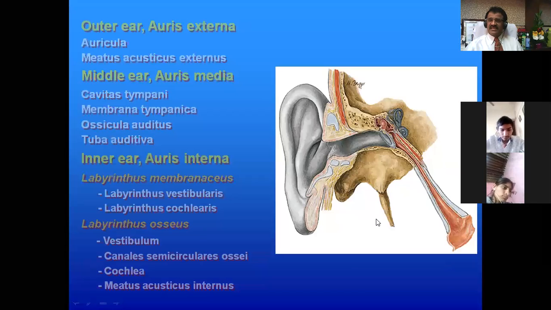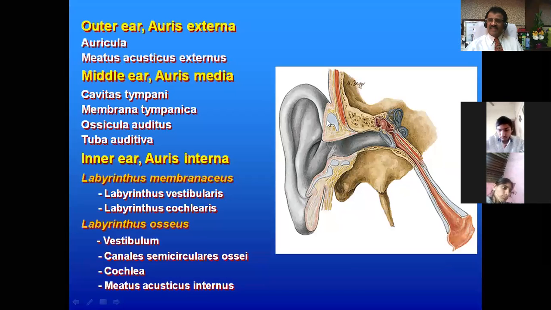Here you can see a full diagram of the ear. You can see all three major parts of the ear, the peripheral mechanism, what we call. The outer one is a very big portion up to the eardrum. Eardrum is located here, see the cursor of my mouse where I'm giving you the arrow.